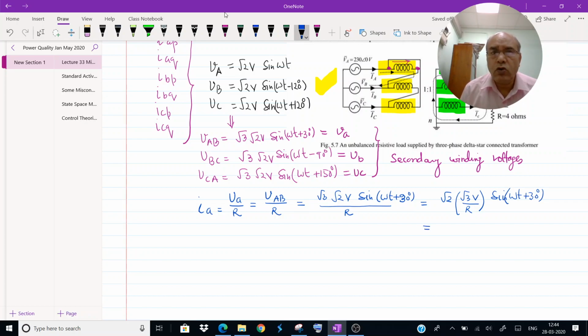Now this whole thing can be referred to as IRMS, so we can write this as root 2 into I sine omega t plus 30 degree. This is ia.